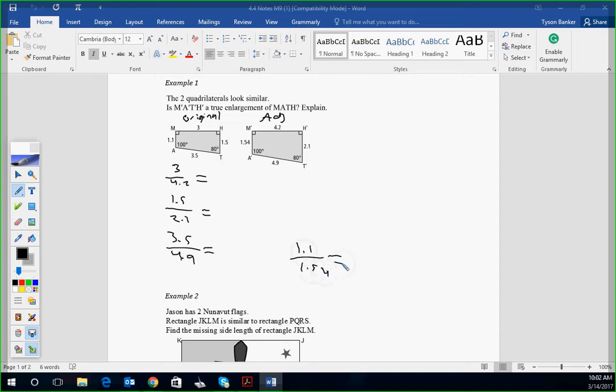We want to do these calculations to confirm they're all going to have the same result. Simply 3 divided by 4.2 is 0.714. It keeps going. 1.5 divided by 2.1 is the same thing. 3.5 divided by 4.9, same thing.